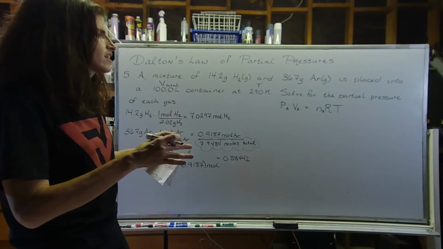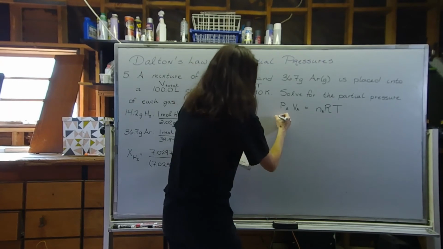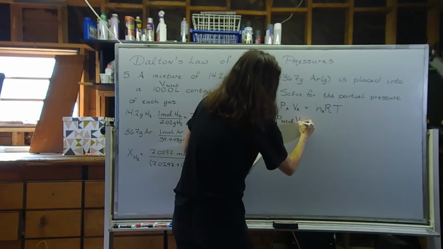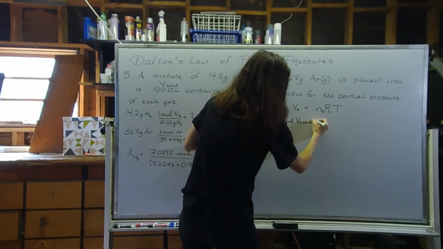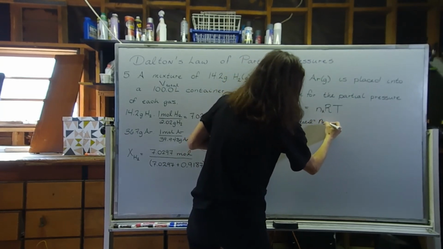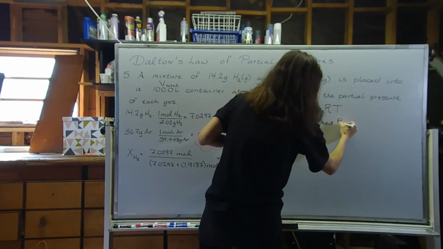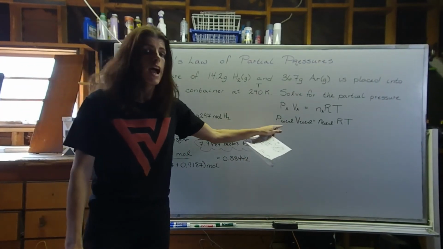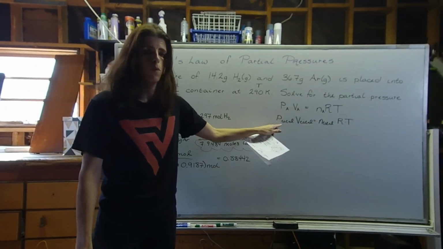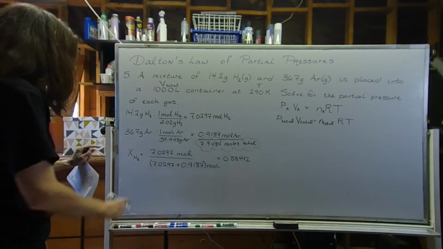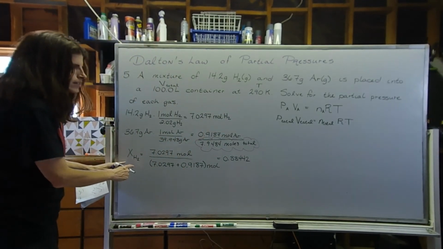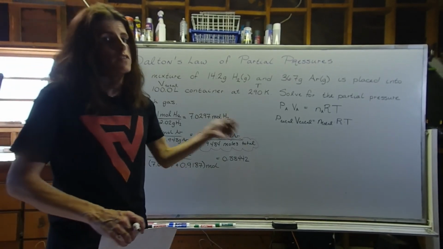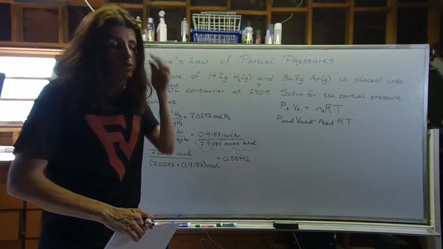So we can take this and rewrite it then to say total pressure times total volume equals total moles times R times T. This is awesome because this is going to allow me to solve for the total pressure in my system, and along with the mole fraction of the hydrogen gas, which I went ahead and already calculated, I can get the partial pressure of the hydrogen gas and then the argon gas as well.